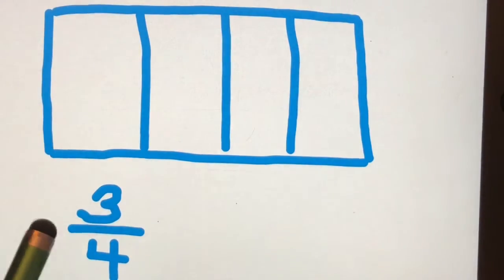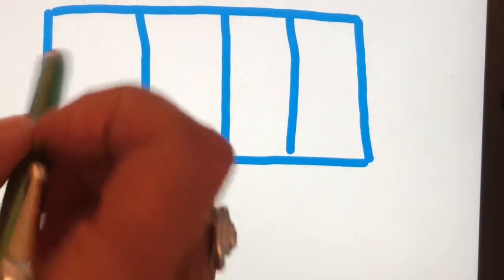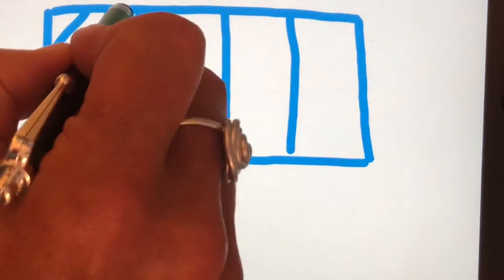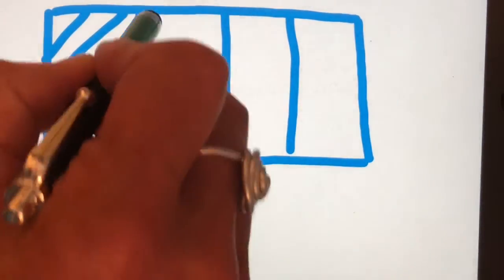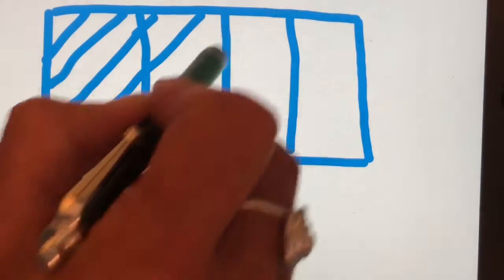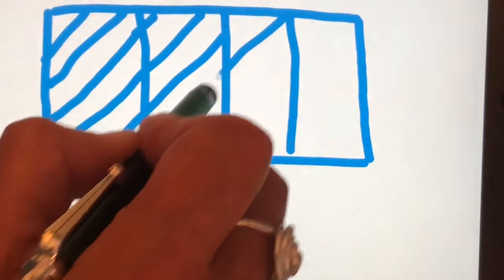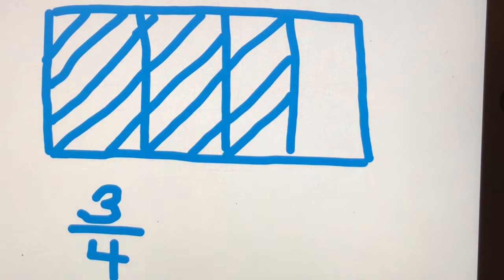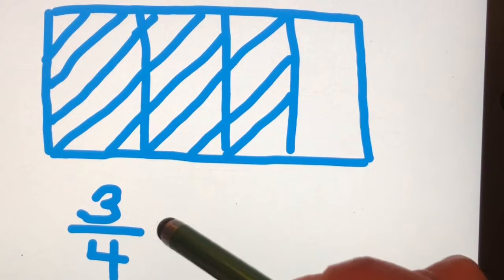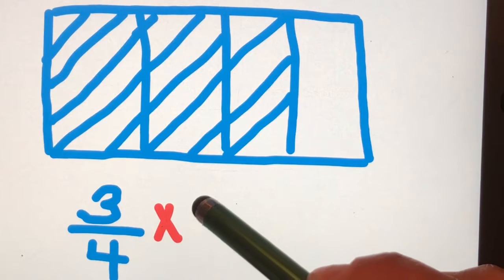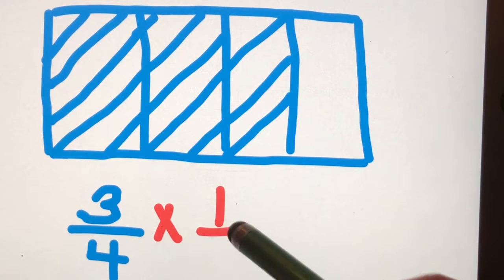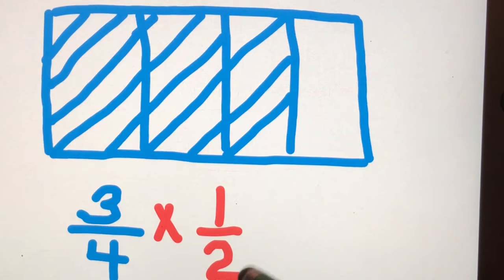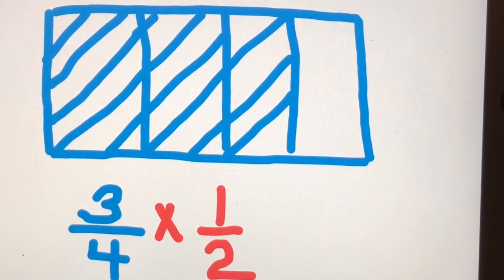And I want to represent my 3 by shading in 3. So I'm just going to shade them in with a diagonal line. I'm going to represent the 3 out of 4 with a unit size of 4. I'm going to change colors, and I know I'm multiplying by 1/2. So now I want to represent my half.